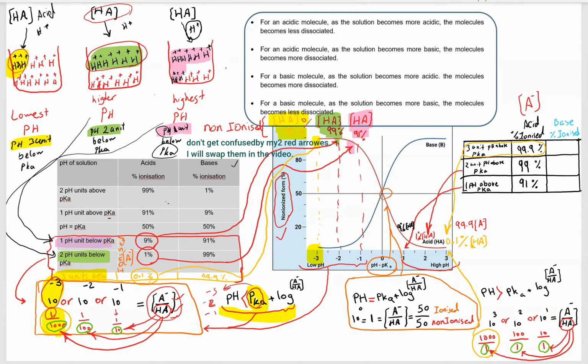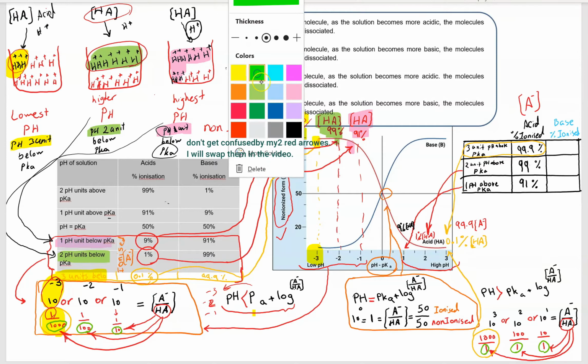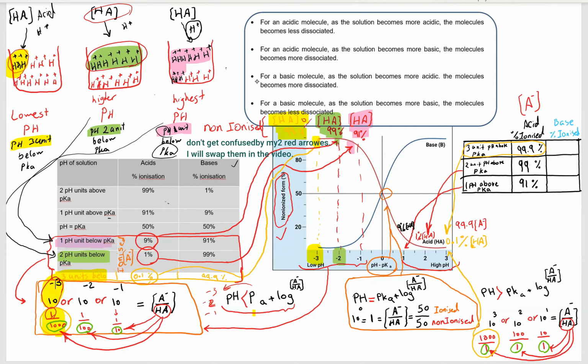So that's for the first one. Now I'm explaining the second one, 2 units. What's the meaning of 2 units below pKa?